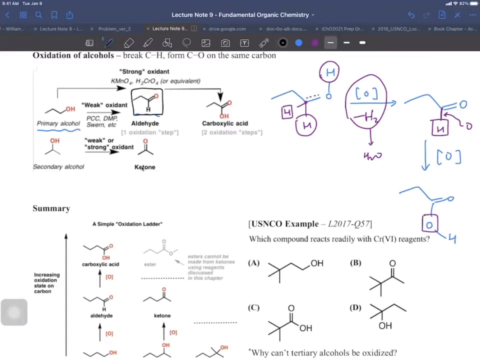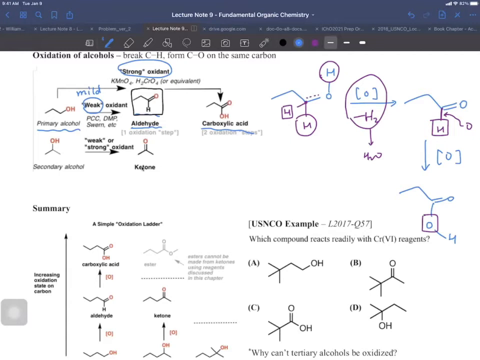We try to avoid the use of strong oxidants because they can easily oxidize the aldehyde and turn it into the final product, the carboxylic acid. If we use a weak or mild oxidant, we can stop at the aldehyde step.